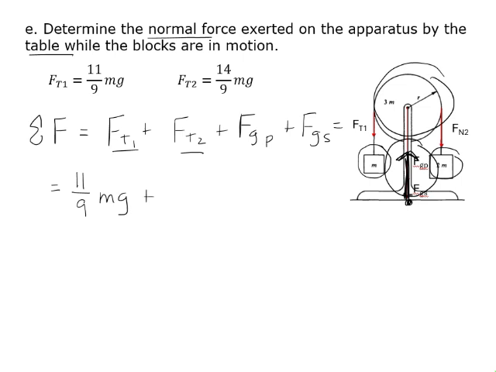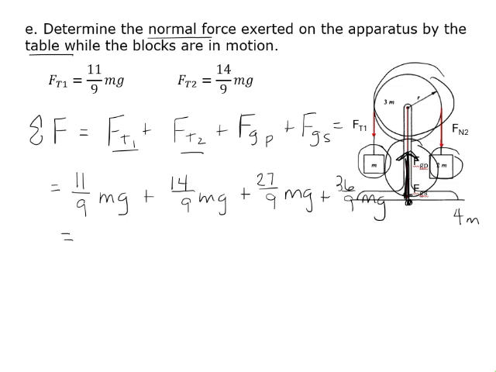The force of tension 2 we calculated as 14/9 mg. The force of gravity of the pulley, well, it says that it is a mass of 3m, and since we want these to have the same denominator, 3 times 9 is 27/9 mg. And then finally, the force of gravity of the stand is 4 times the mass. So 4 times 9 is 36/9 mg.